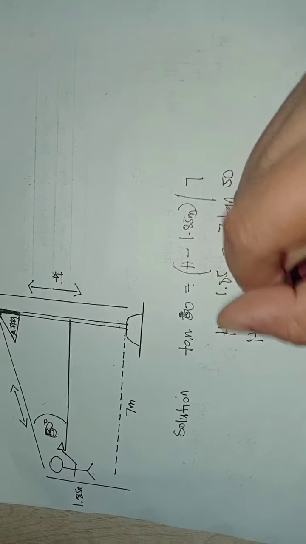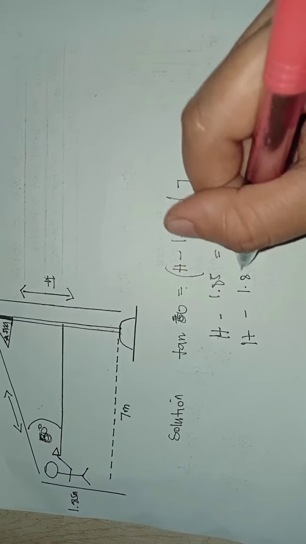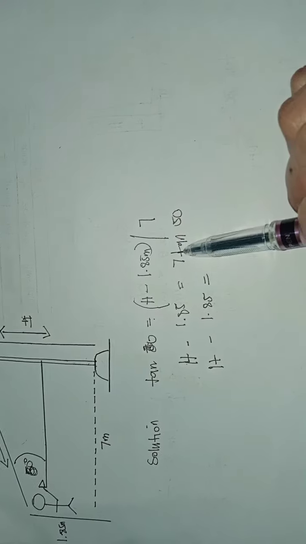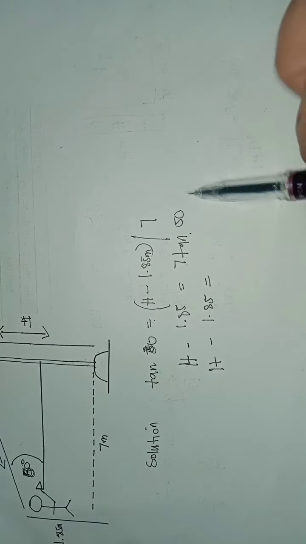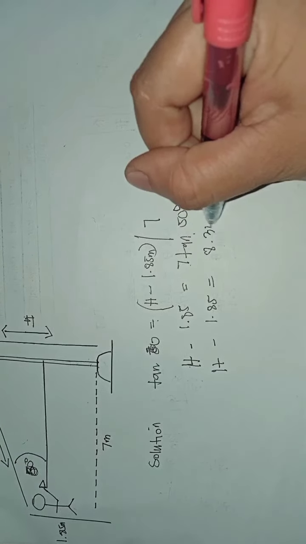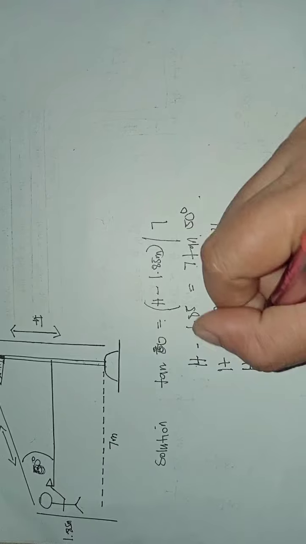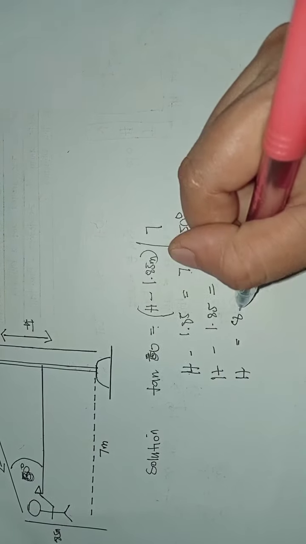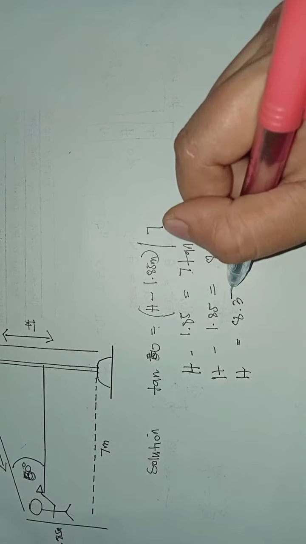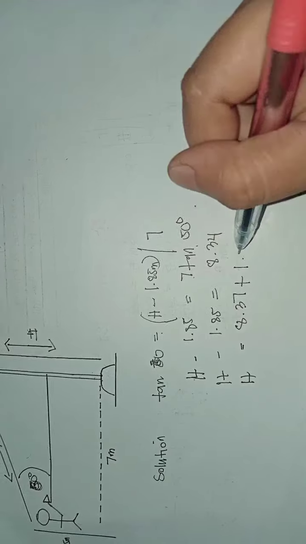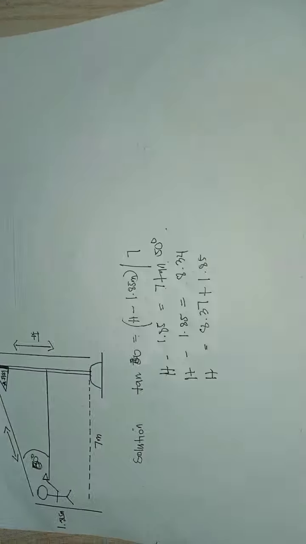Height minus 1.85 is equal to, if we calculate 7 tan 50 degrees, the result will be 8.34. So now height is equal to 8.37 plus 1.85.